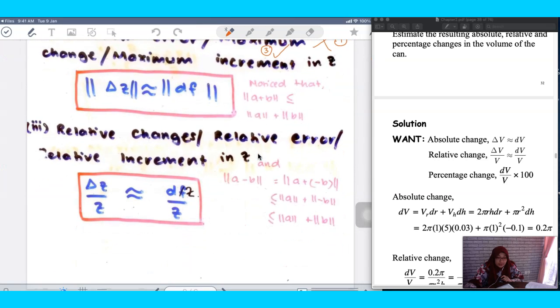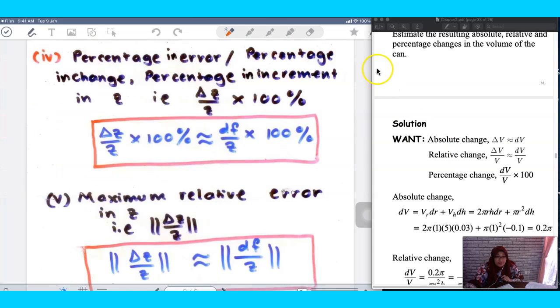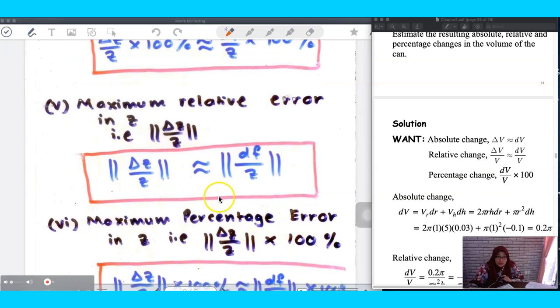So next is the relative change, which was already mentioned just now. And we have the percentage error, percentage changes, percentage increment, which were also already presented to you just now. And then another thing that I never explained to you, maximum relative. Just now we had just relative without absolute.